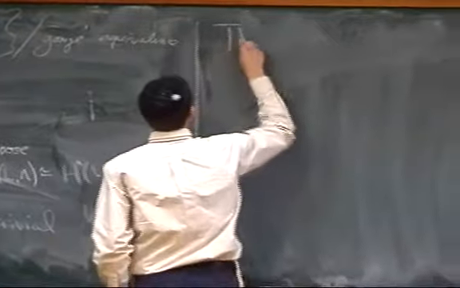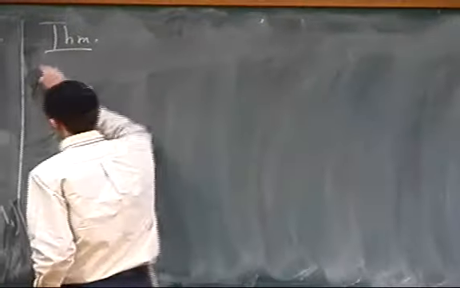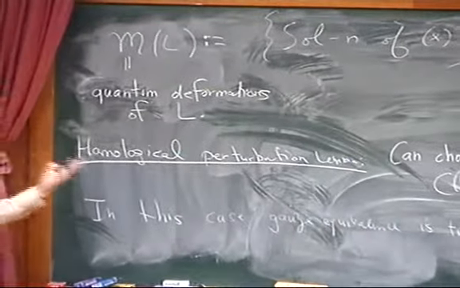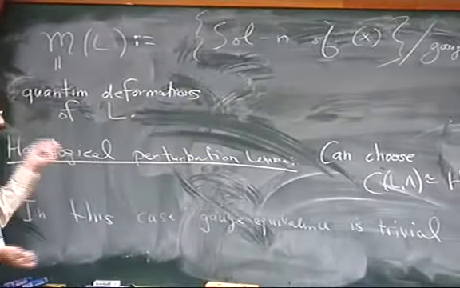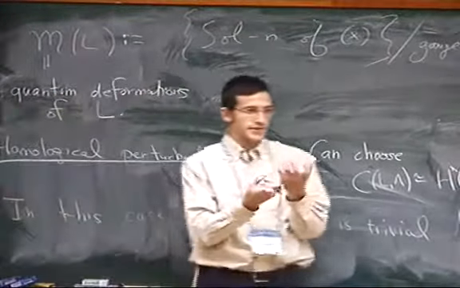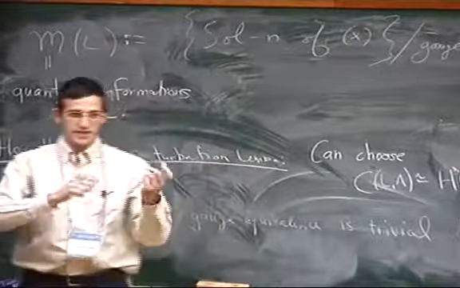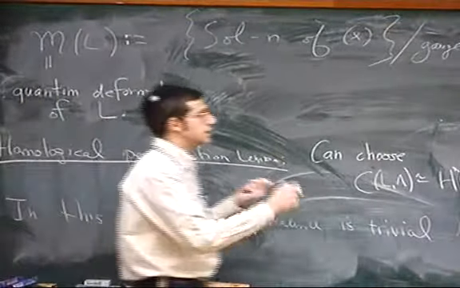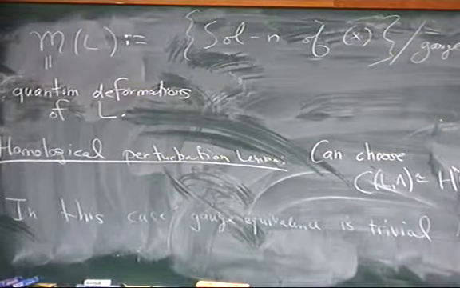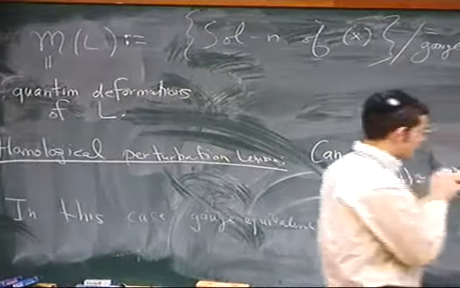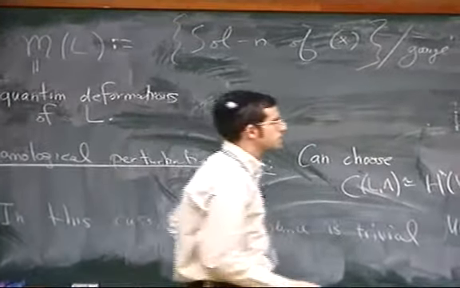So you think of this as being deformations of L in some quantum sense. Well, L is supposed to be mirror to a point. You don't expect a point to have just a single kind of deformation. It should have essentially a maximal family of deformations. All deformations of the point are unobstructed. If you have a point in a complex manifold, you can always deform it every which way. All infinitesimal deformations integrate to actual deformations.